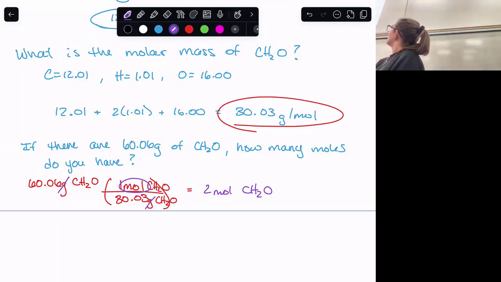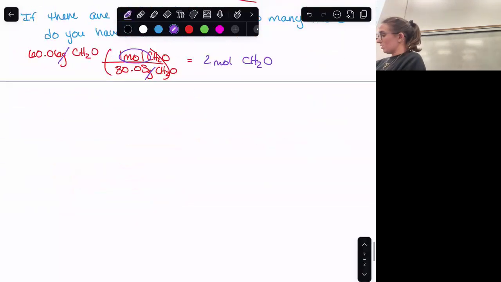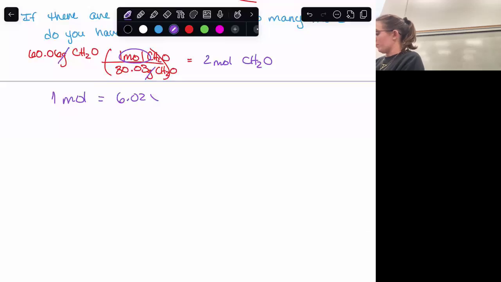Okay. So going back to Avogadro's number, we said that 1 mole is equal to 6.02 times 10 to the 23. You can put whatever units you want next to 6.02 times 10 to the 23. Same thing like when you have a dozen. If you have 1 dozen, you can have 12 donuts, cups of coffee, dogs, credits in a semester.